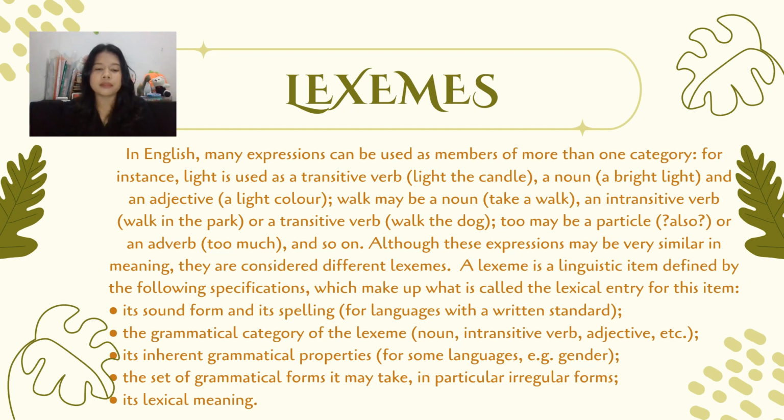Third, its inherent grammatical properties for some languages, for example gender, like in Spanish, German, and French, which use inherent grammatical properties like gender. They have masculine, feminine, neuter, but it is different with English because English doesn't have that. The last is the set of grammatical forms it may take, in particular irregular forms, and its lexical meaning.